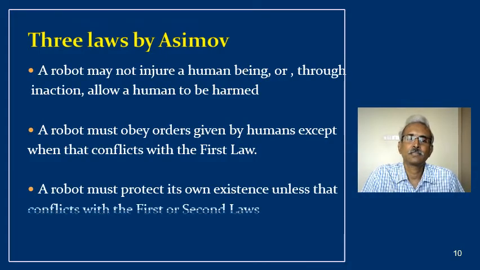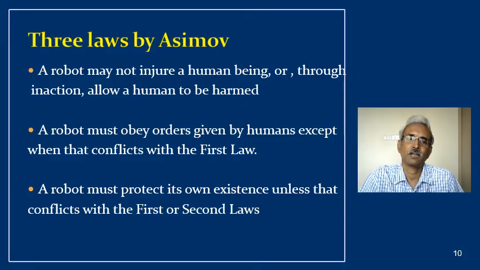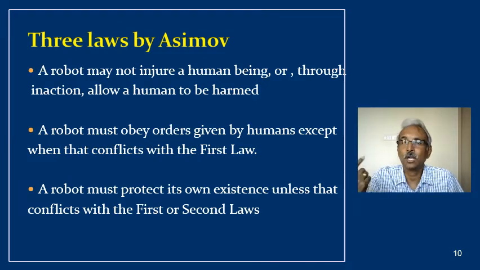And the third is, a robot must protect its own existence unless that conflicts with the first and second laws. Of course, you buy a robot and the robot must safeguard itself, right? And in the process of securing its existence, it should not conflict with the first two laws, that it should not go and injure a human.